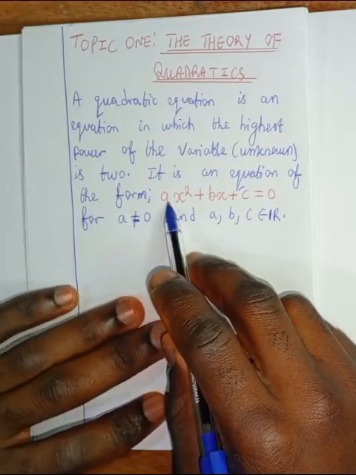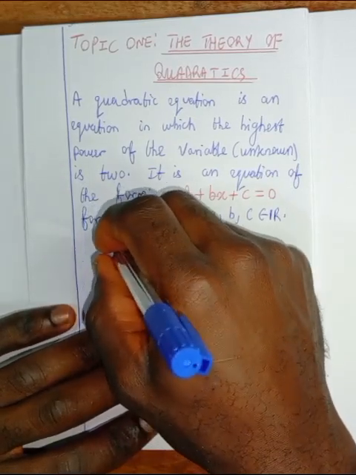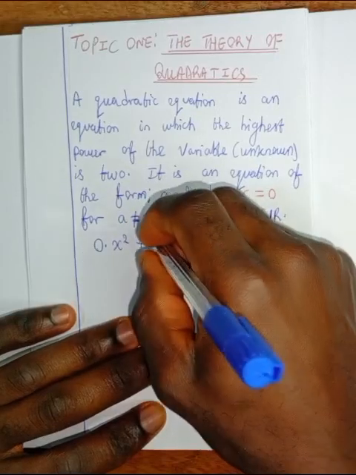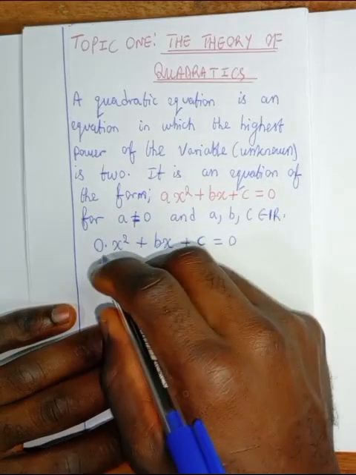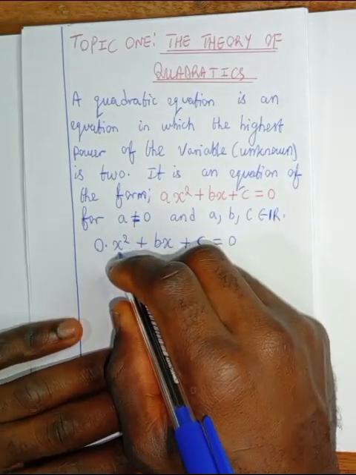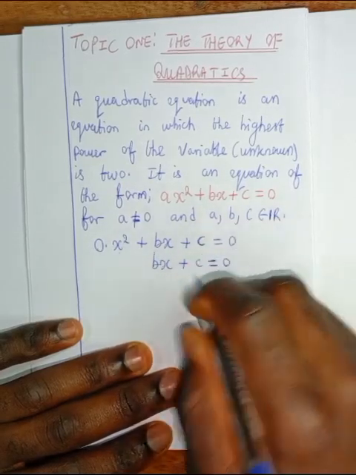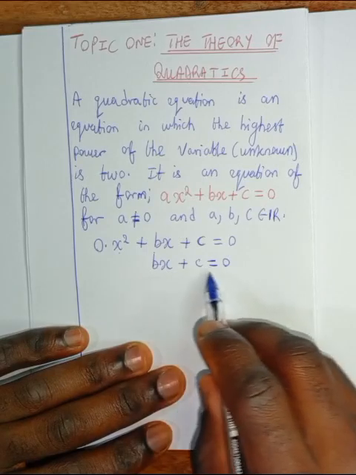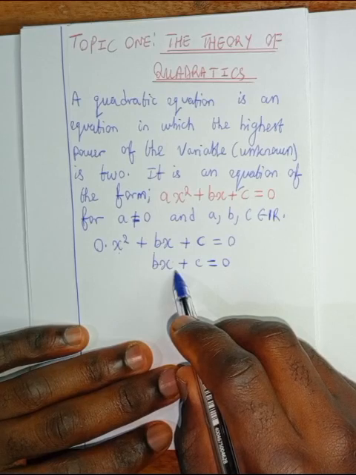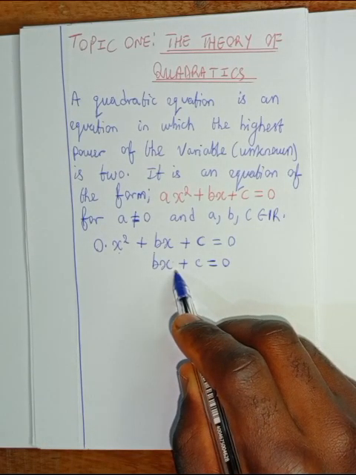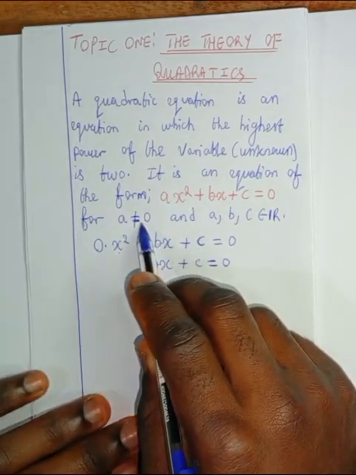If for example a is 0, we know 0 times x squared plus bx plus c equal to 0. 0 times x squared will give us 0, and we'll simply be left with bx plus c equal to 0, in which case the highest power of the variable x is 1, and this gives us a linear equation which is different from a quadratic equation. So you take note, that's why a must be different from 0.